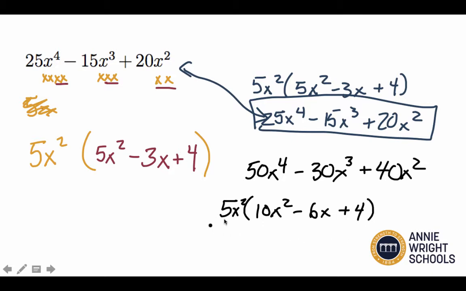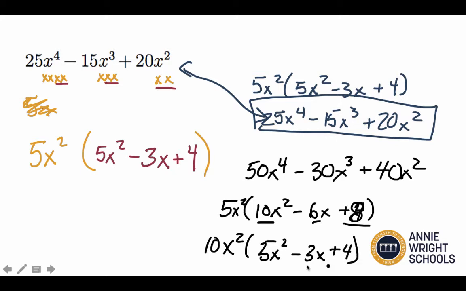And while you did get a common factor, there's still a 2 that's left in here. So the greatest common factor would have been 10x squared, and then that would have left you here with a 5x squared minus 3x. That should have been an 8, plus 4. So you just have to make sure you get the biggest possible number that goes into both.